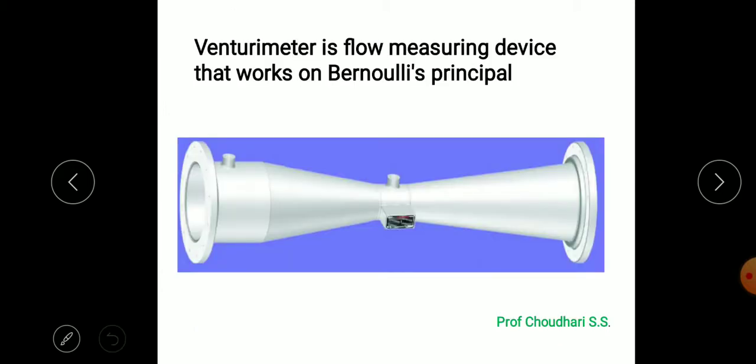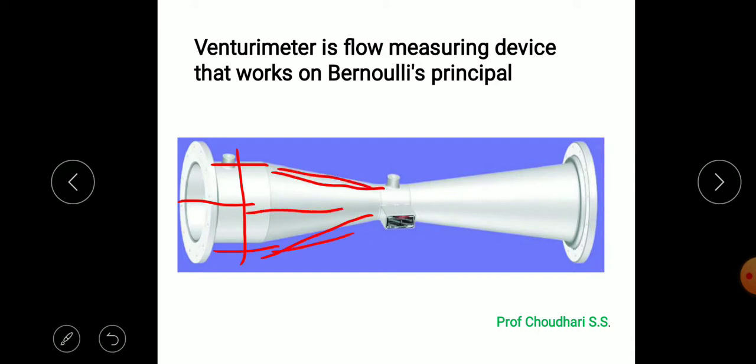So in the venturimeter, if you consider, there are three parts. This is the inlet section, whose diameter is equal to the diameter of the pipe. Then the converging section. Converging means the diameter goes on decreasing along the flow.